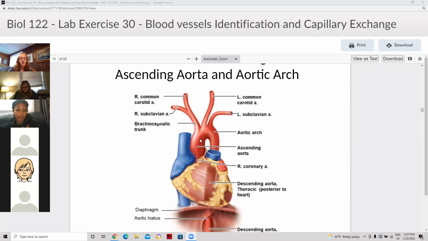Review coming off the heart. Brachiocephalic trunk branches off into the right common carotid artery and the right subclavian artery. Left common carotid artery, left subclavian artery.